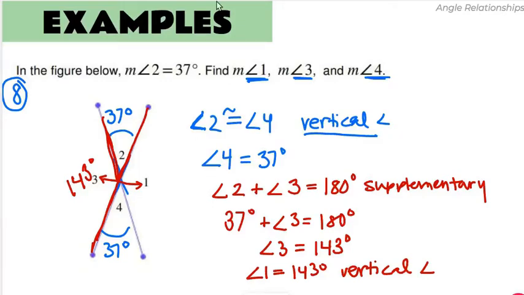And if you take a look at this for a second, if I did the math, do you see how angle 1 plus angle 4 makes a straight line? Well, if angle 4 is 37 and I want to find out angle 1, wouldn't I be doing the same exact math that I did here in the red? Yeah. So there are 3 key parts to this to prove how you know each of these equal what they do.